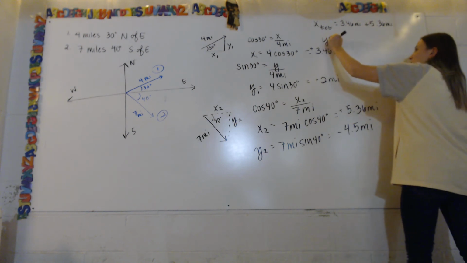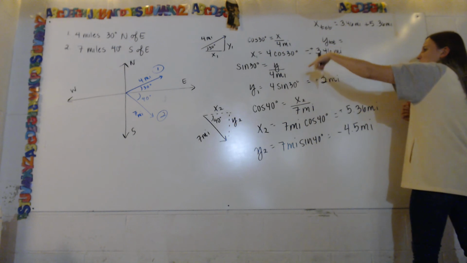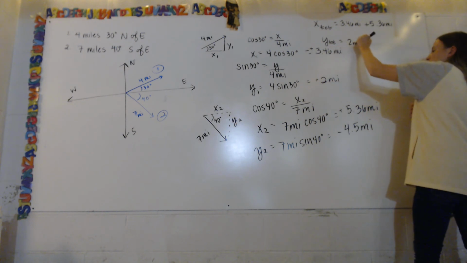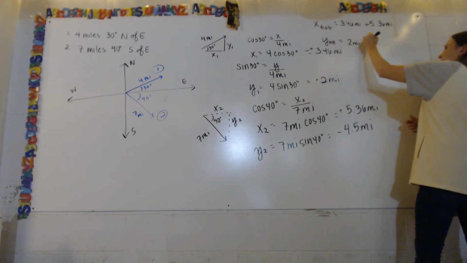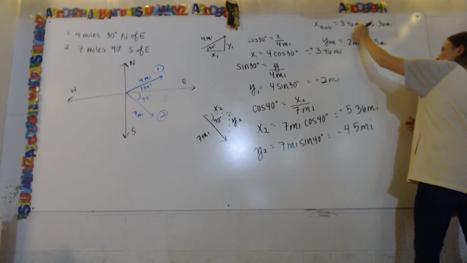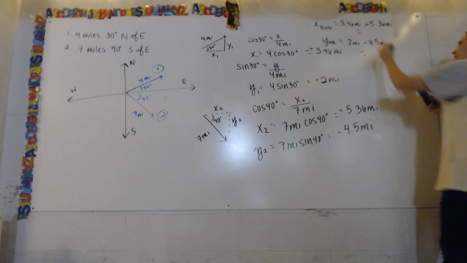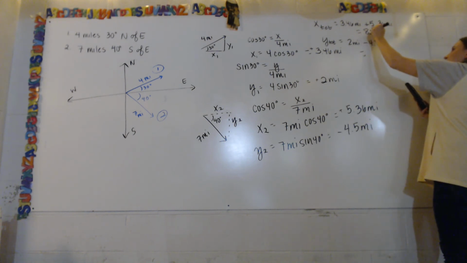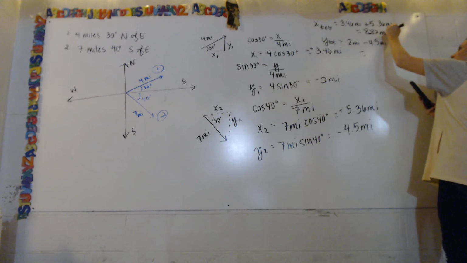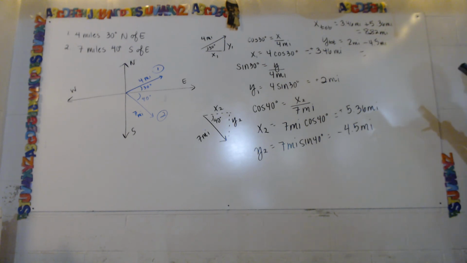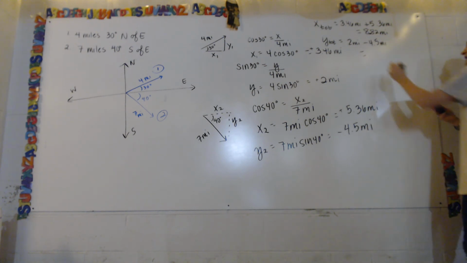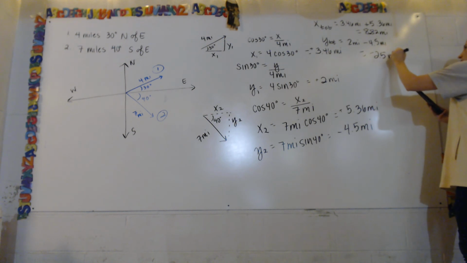And y total would be y1, which was 2, plus y2, which was negative 4.5. So we get an x total of 8.82 miles, and we get a y total of negative 2.5 miles.